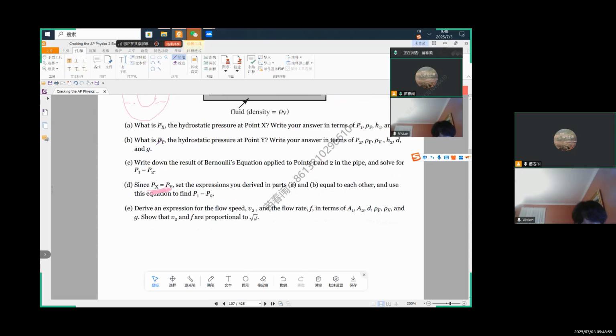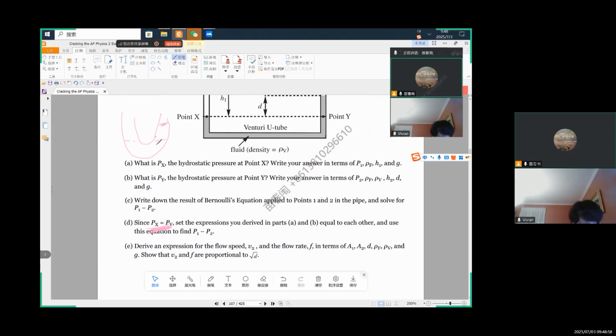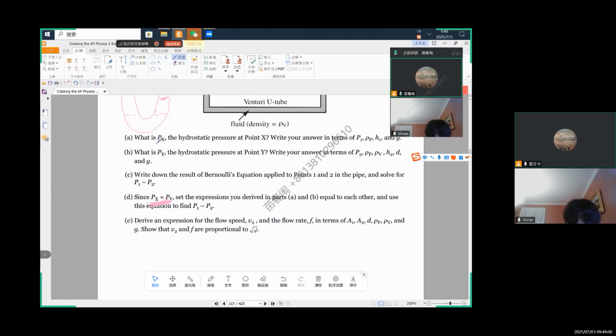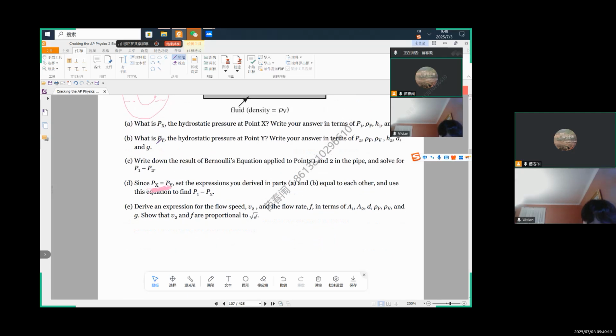In this kind of situation, it's sometimes related to the previous question. In the previous question, we found P1 minus P2, right? I think we found P1 minus P2 in C, right? This has a P1 minus P2, and I think this contains V2.